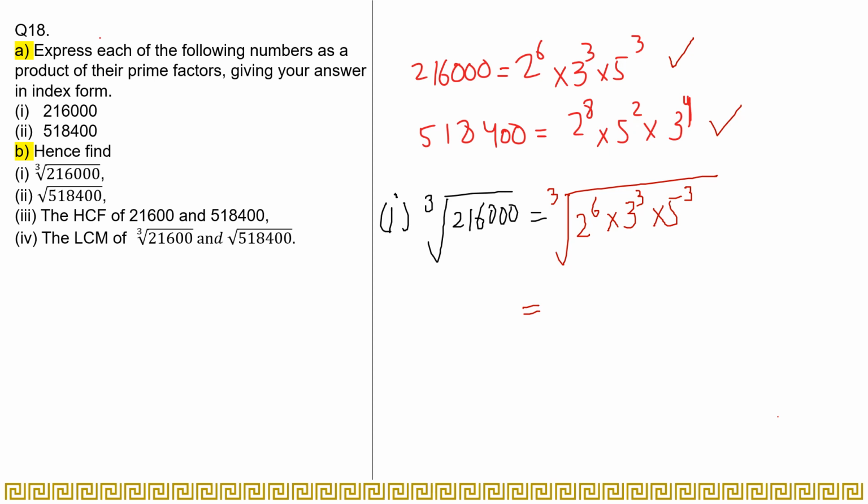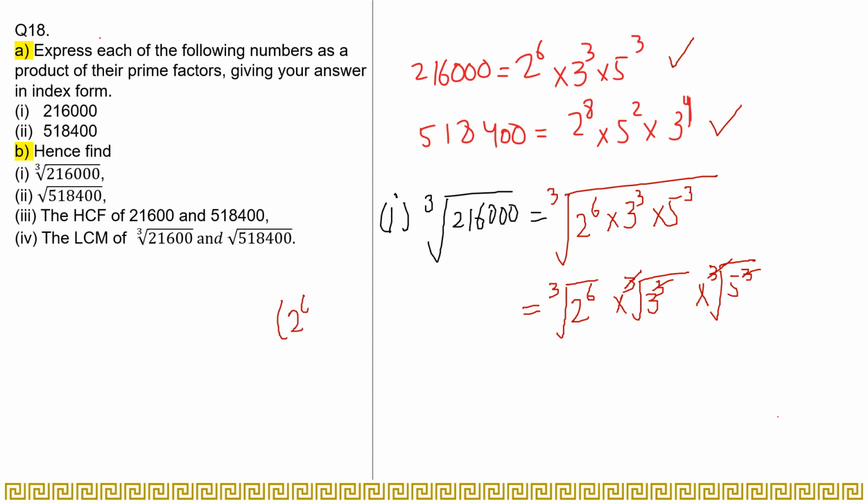Now if I put a separate cube root on each of these numbers, I will get the cube root of 2 to the power 6 and the cube root of 3 to the power 3 and the cube root of 5 to the power 3, right? Now you can directly cancel this cube root with this cube and this cube root with this cube. And what about this? You have 2 to the power 6 and it has a cube root. See, we can write it like this, right?